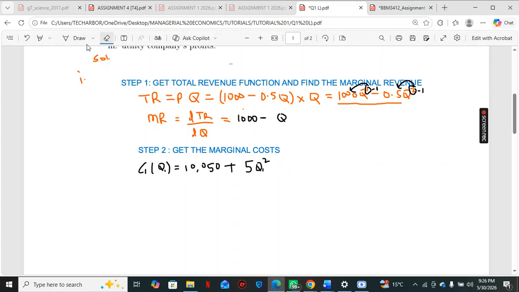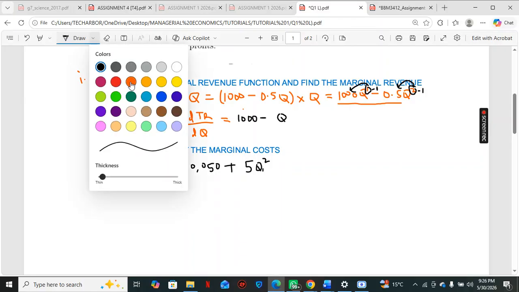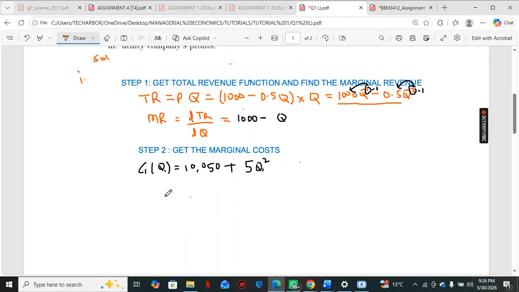Okay, so to get your marginal cost, it is the derivative of your cost function with respect to Q. We're deriving with respect to Q, right?